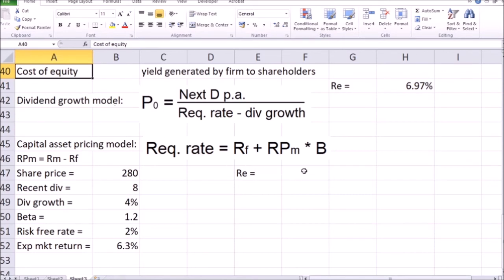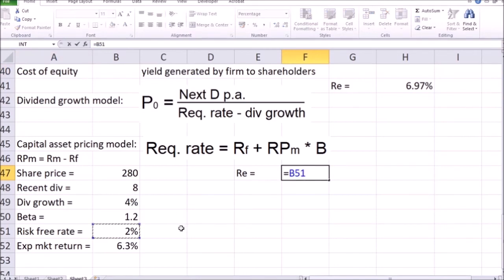According to the capital asset pricing model, the cost of equity is that risk-free rate of return plus the risk premium, which is the difference between the market return and the risk-free rate of return, all of that multiplied by company beta. That gives us the cost of equity of 7.16%.